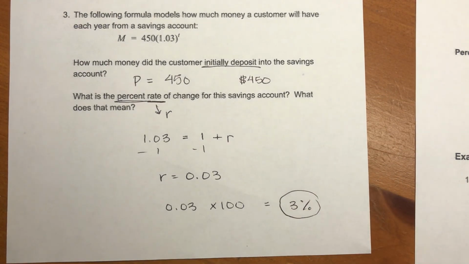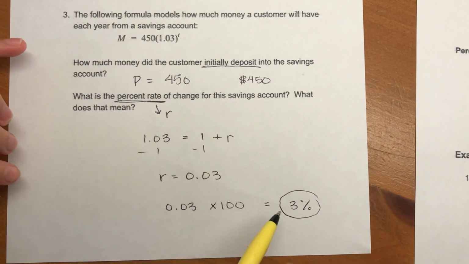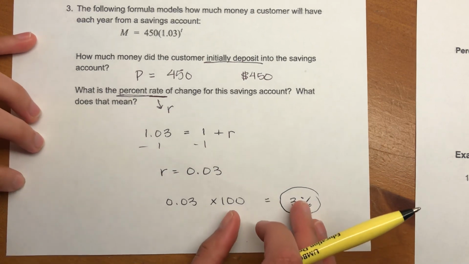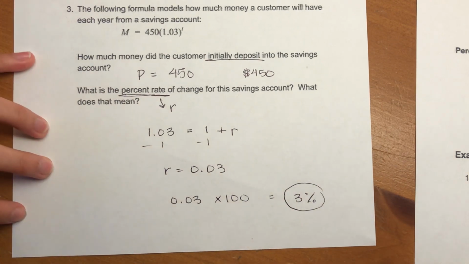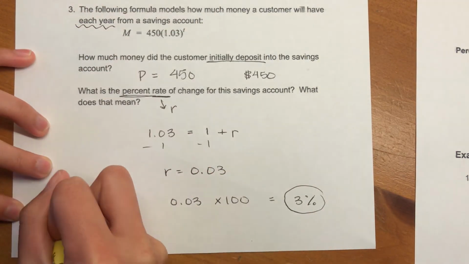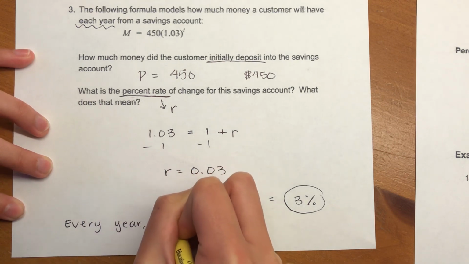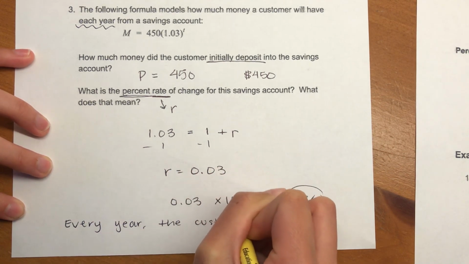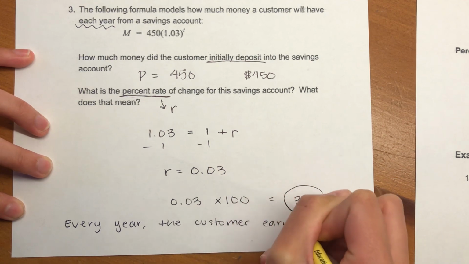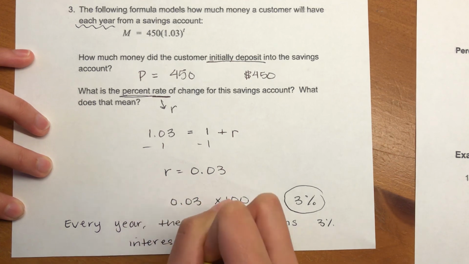Okay. So then we say, what does this mean? So we've got these numbers. So we know the customer initially deposited $450 into the account. The percent rate of change is 3%. So what this means is, and I'm looking at my units here, every year the customer earns 3% interest on their initial deposit.